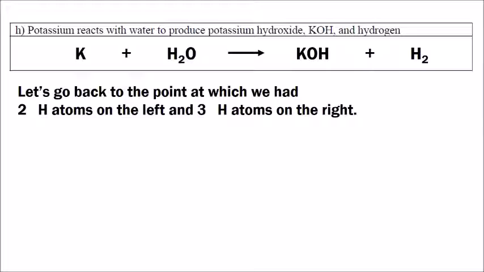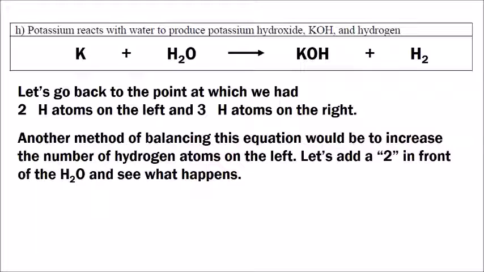Let's go back to the point at which we had 2 hydrogen atoms on the left and 3 hydrogen atoms on the right. If you did not choose to use a fraction to balance this equation, another method would be to increase the number of hydrogen atoms on the left. So let's add a 2 in front of the water and see what happens.